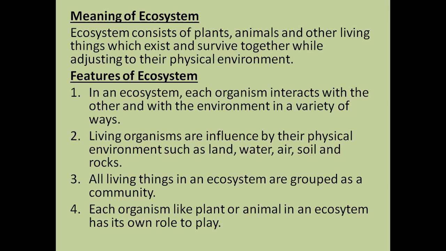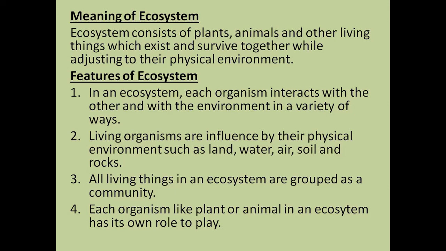We have already studied in biology that there is a food chain. One organism is eaten by the other one. For example, plants are eaten by herbivores like sheep, let us say. And now this sheep or deer will be eaten by the carnivores.